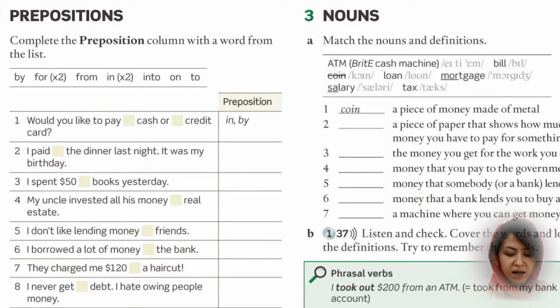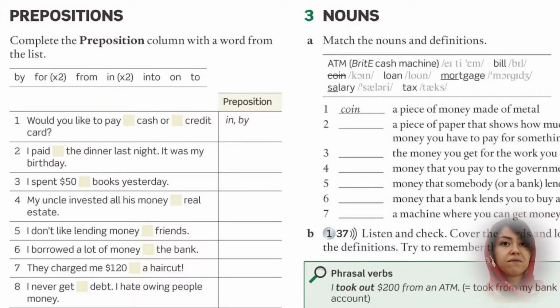Number 4, my uncle invested all his money in real estate. Invest money in. Okay? So, number 5, I don't like lending money to friends. Lend to.